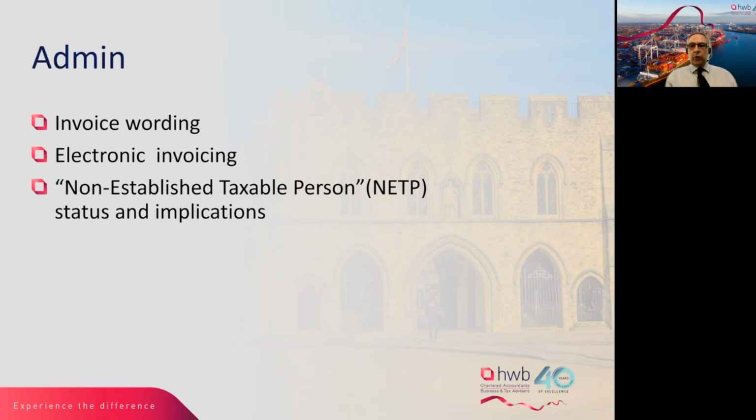It must not show UK VAT has been charged. So don't submit an invoice that shows 0% VAT, where the place of supply of services is where the customer's located abroad. The invoice shouldn't mention VAT on the invoice as a separate amount. And as I've mentioned, it may be helpful to mention the customer's VAT number just as evidence that they're in business and will account for the reverse charge VAT in their home jurisdiction.